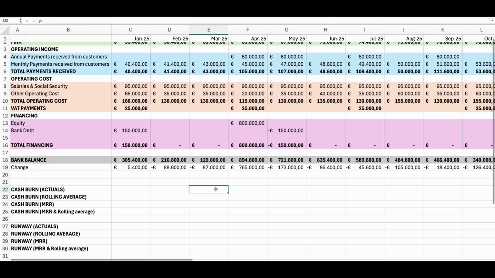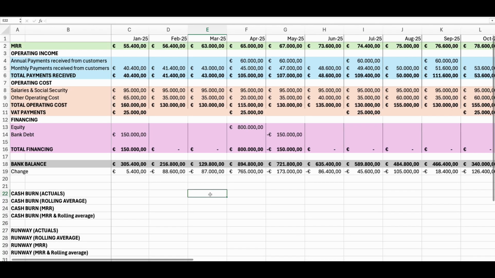I'm going to show you 4 different ways of calculating your cash burn. So we're talking about net burn here. First one, I'm just going to take actuals. So in this case, we're going to take the amount of money that's come into our bank as payments from customers, and we're going to subtract our operating cost, and we're also going to subtract these VAT payments because the amount of money that comes in includes the VAT.